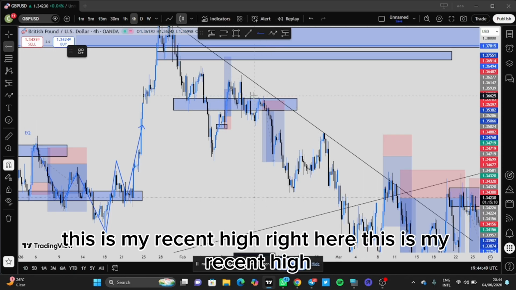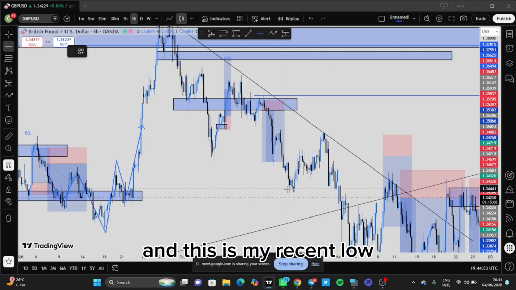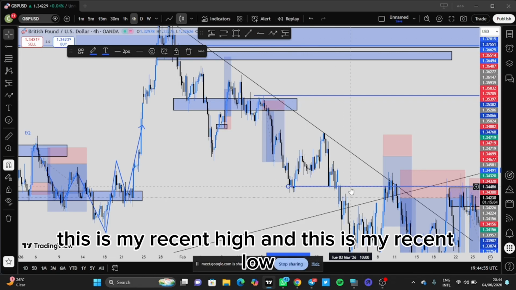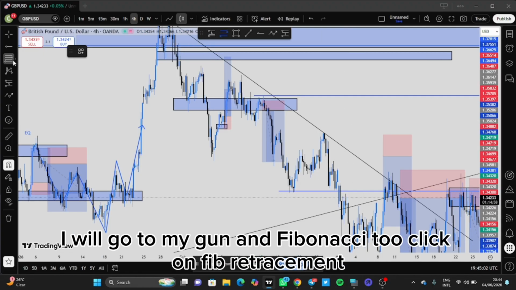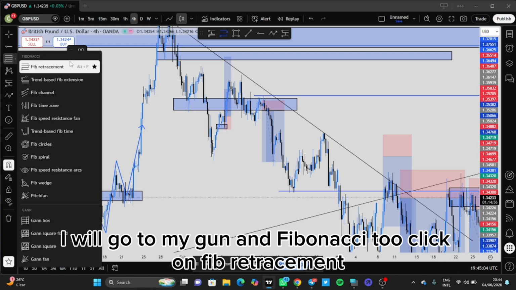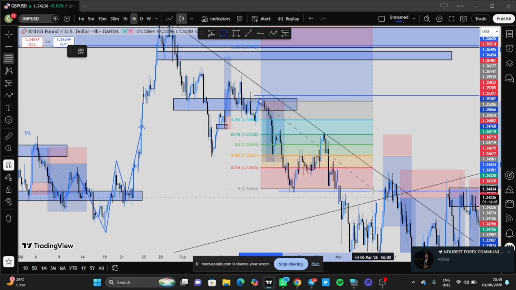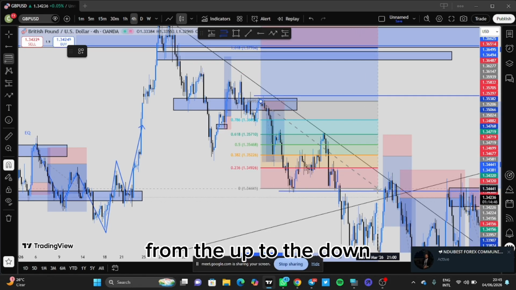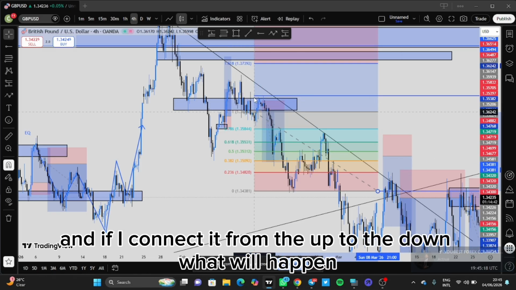This is my recent high right here, and this is my recent low. So what I have to do is bring out my Fibonacci tool. I'll go to my Gann and Fibonacci tools, click on Fib retracement, then connect it from the up to the down. And if I connect it from the up to the down, what will happen?